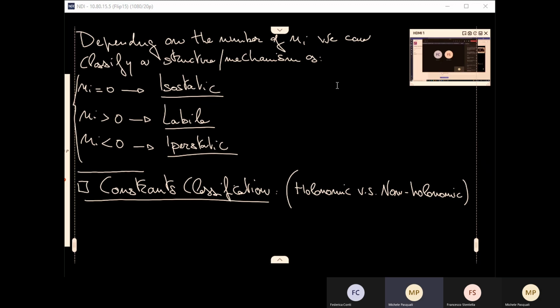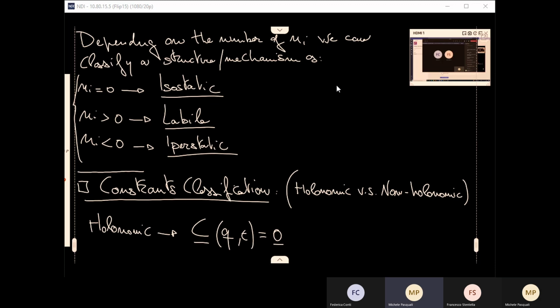But basically, for holonomic ones, it can be written as so. So you basically have a vector C, which is for constraints, which is depending on the Q and on time, equal to 0.